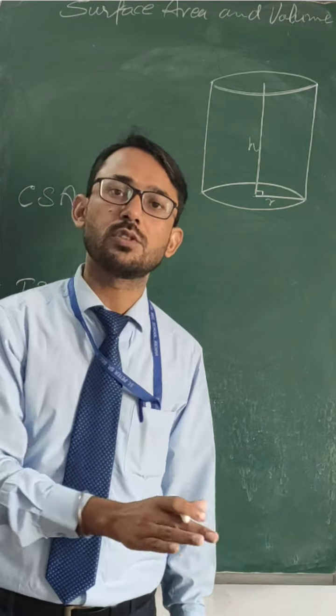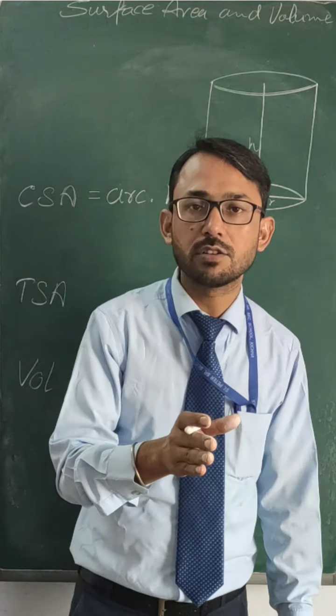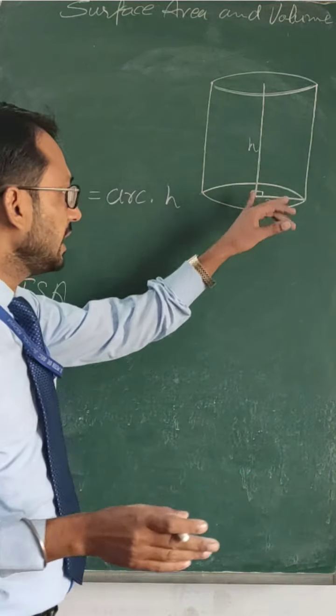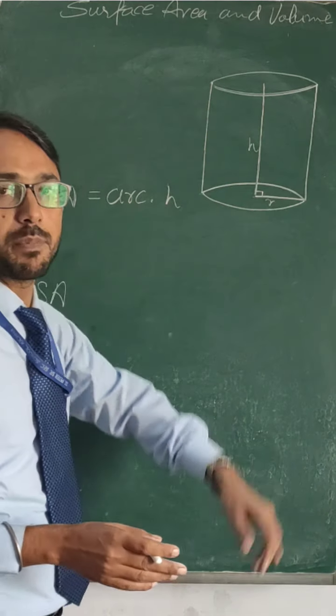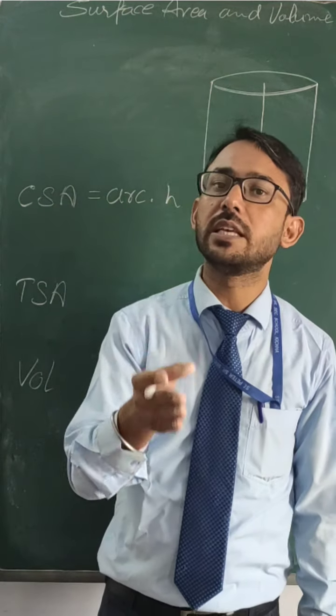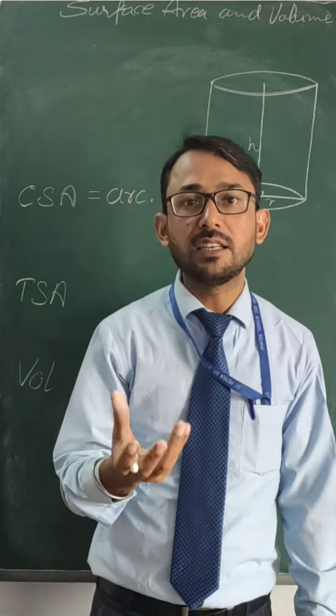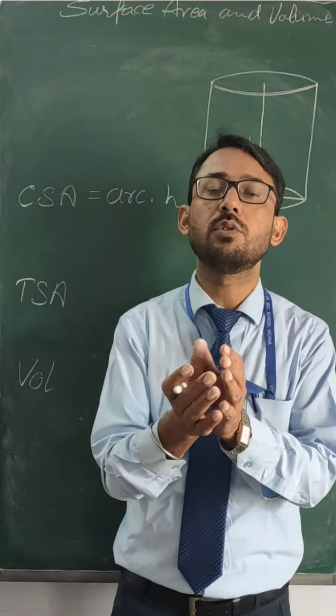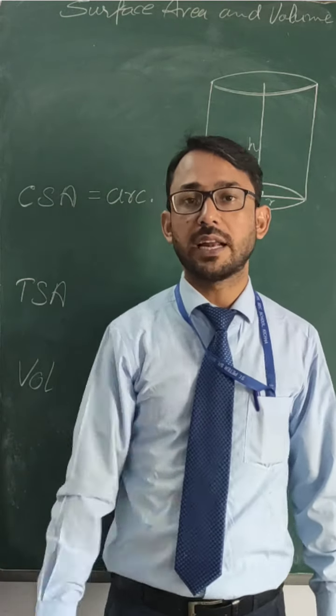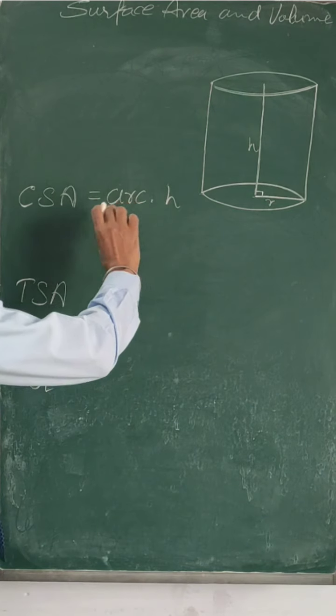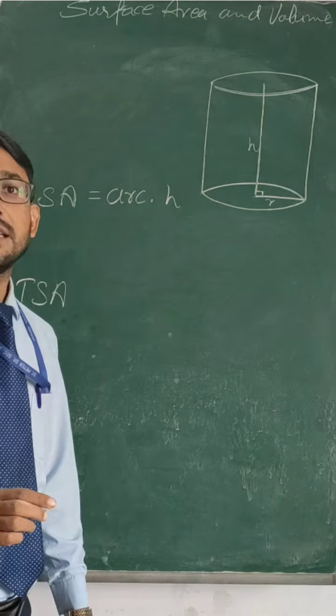We say it in the case of a cone also, and the cylinder. Number of questions used to say right circular cylinder and students used to ask, sir, what is the meaning of right circular cylinder? So now we have an idea of what a right circular cylinder is.